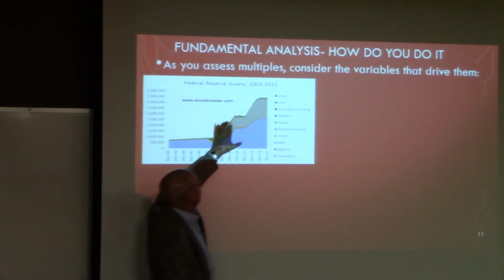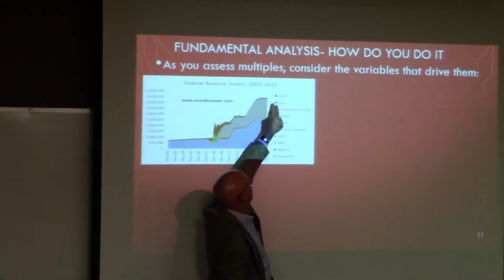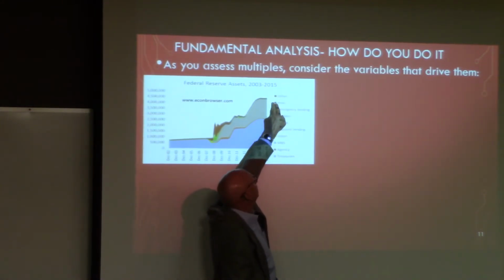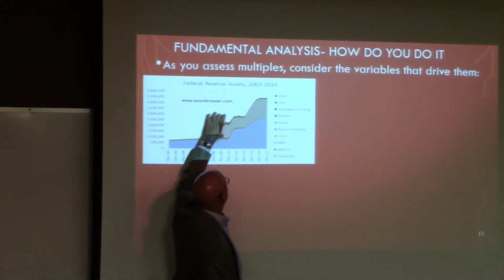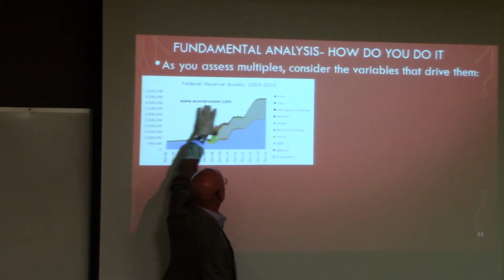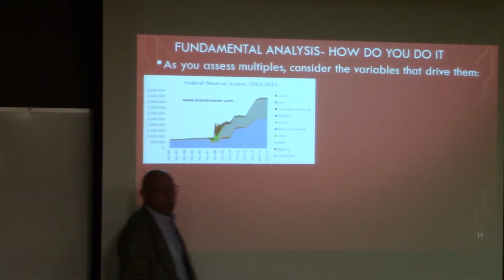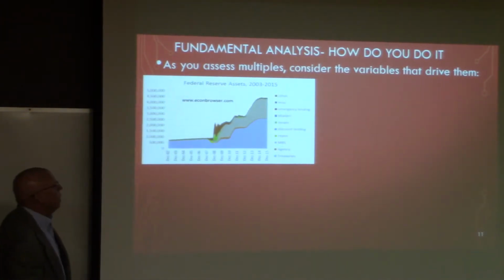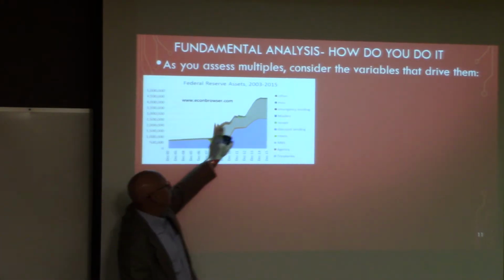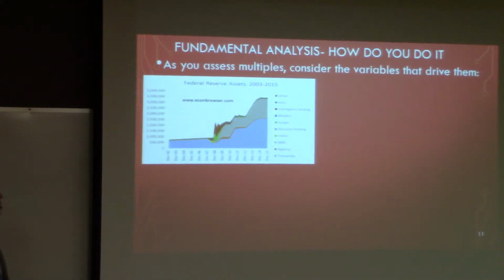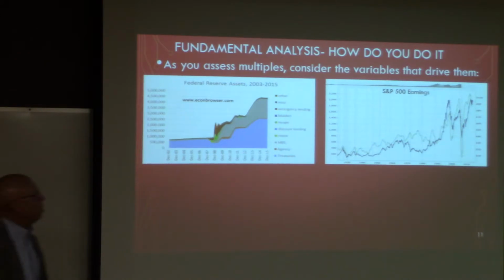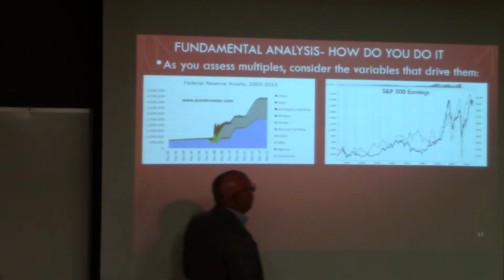Where we are today, this is 2015, we're starting to come back down, but we've got a long way to go. All these excess assets need to be unwound or sold off the Federal Reserve balance sheet. But the explosion in the money supply explains why the stock market has had such a big run since the bottom in 2008. Also, we had a very nice rebound.